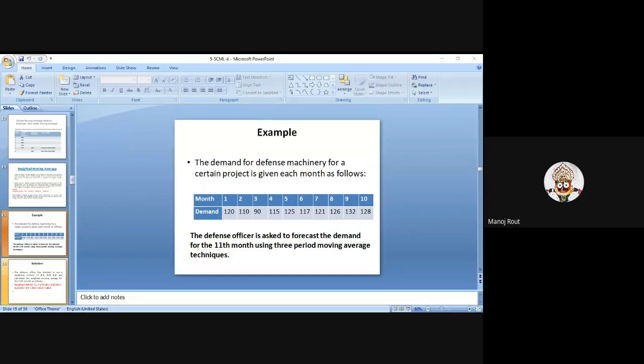Okay, Chinmay Kar already provided the answer, 128.2. Satish Das also provided the answer. Okay, fine. Next, we are trying to solve another problem.